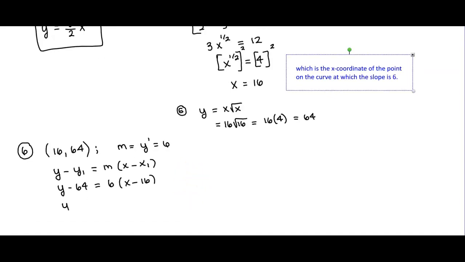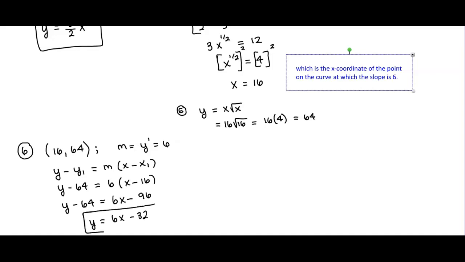So we have y minus 64 equals 6x minus 96, since 6 times 16 is 96. And then if we add 64 to both sides, we get y equals 6x minus 32.